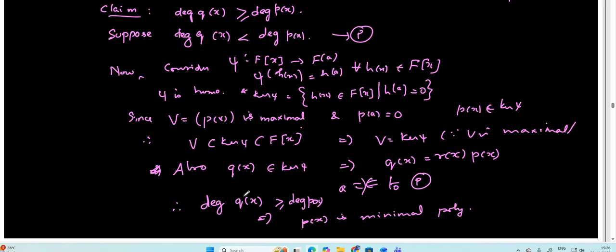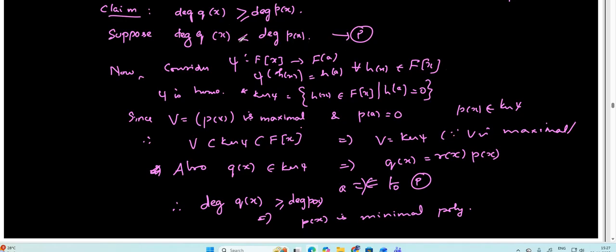So this in turn implies that p(x) is the minimal polynomial. If you consider any other polynomial, then the degree of that polynomial should be greater than or equal to the degree of p(x). So p(x) should be minimal. If you have the degree of q(x) equal to the degree of p(x), it means r(x) is a constant, and they are the same. But when you assume the degree of q(x) to be less than the degree of p(x), you get a contradiction.